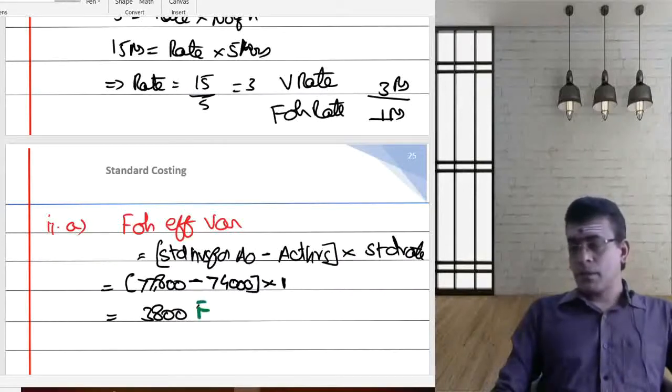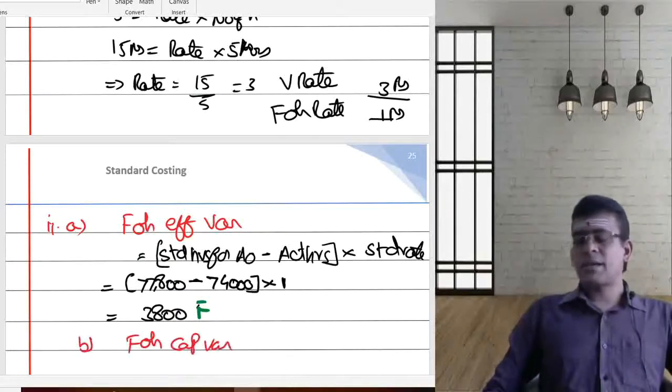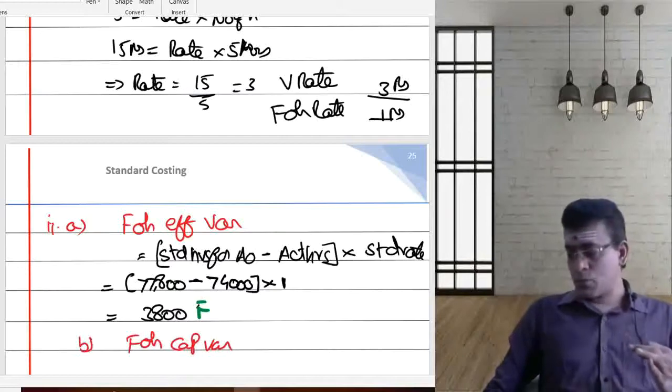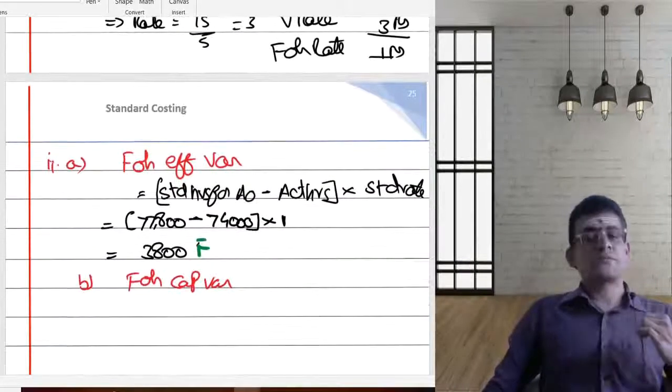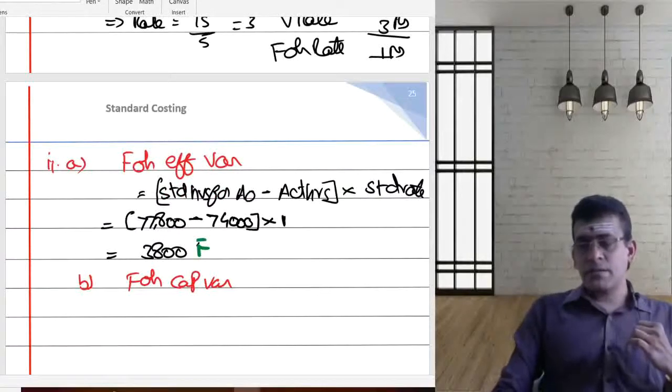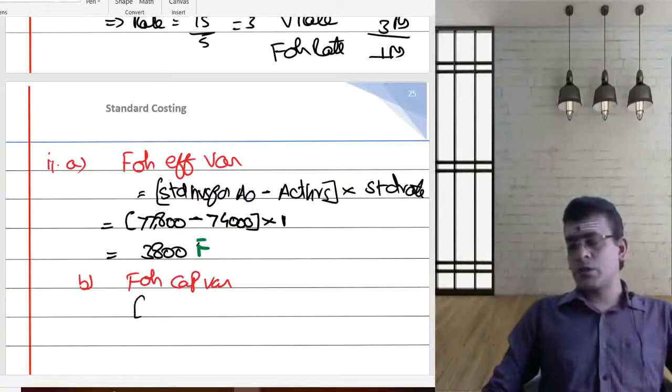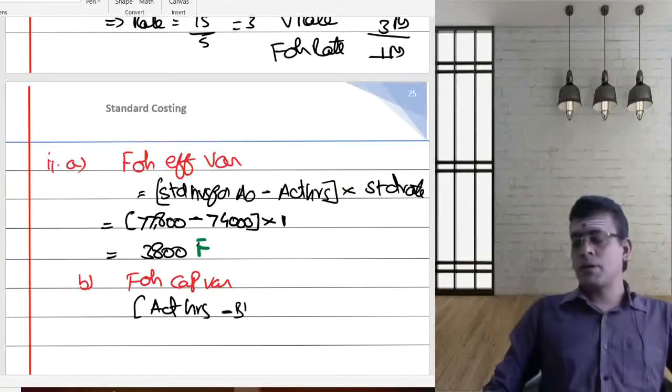Second, he is asking you to calculate the fixed overhead capacity variance. How do we do this? Capacity variance is nothing but the difference between your actual hours and your budgeted hours. I need to calculate my budgeted hours.